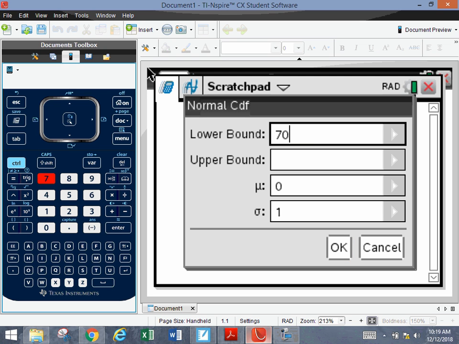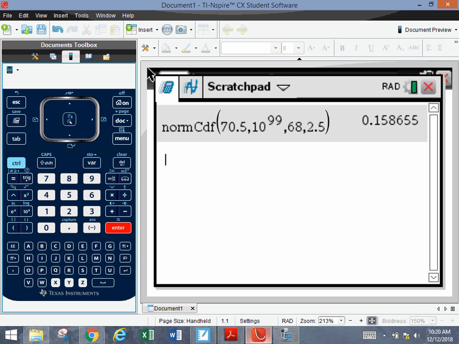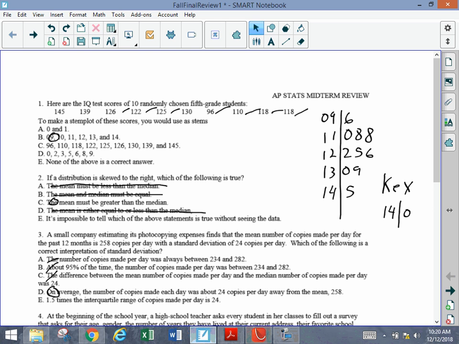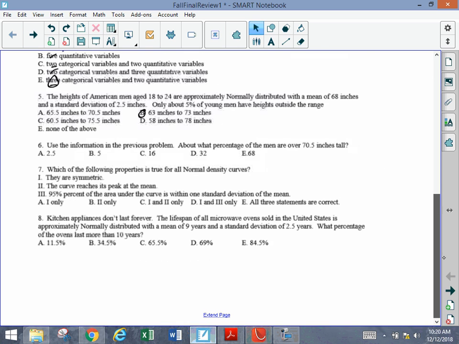So we're going 70.5, upper bound 10 to the 99th. Mean was 68. 2.5. Approximately 16.